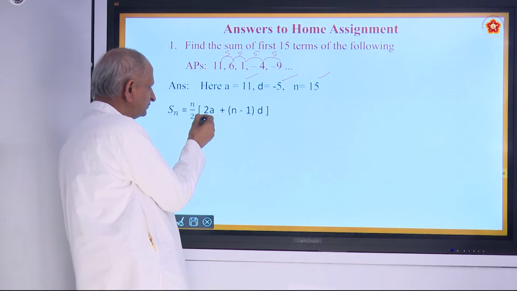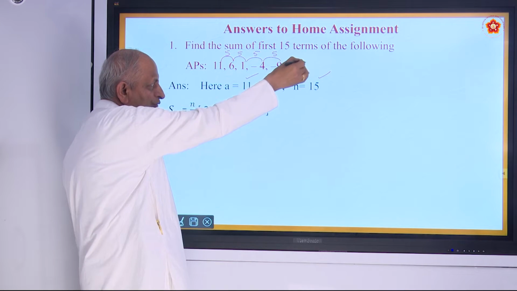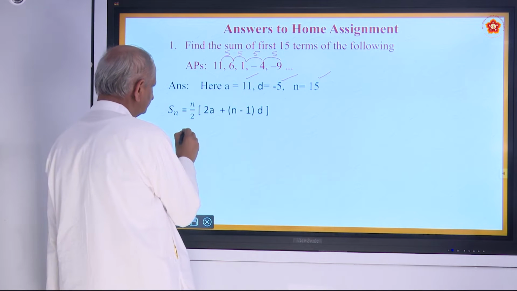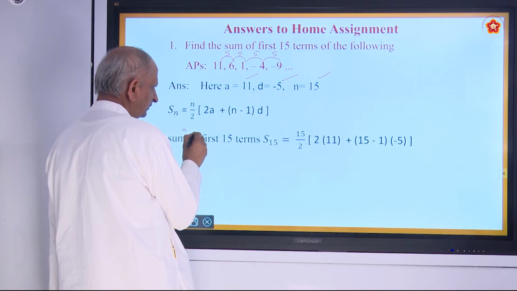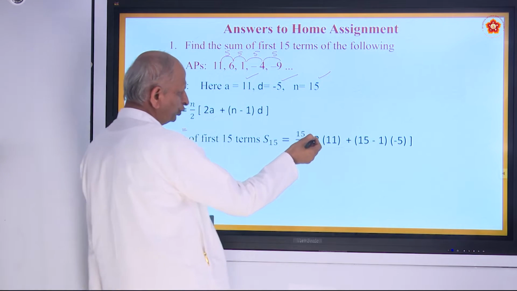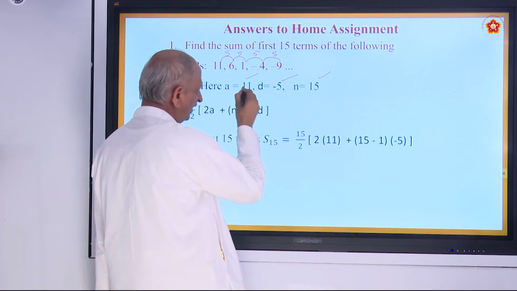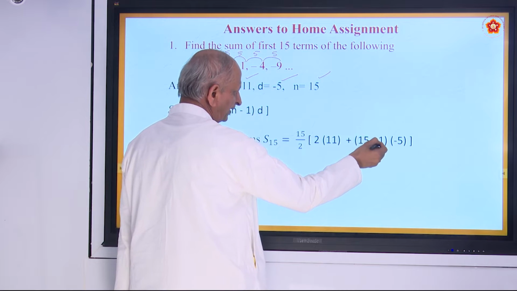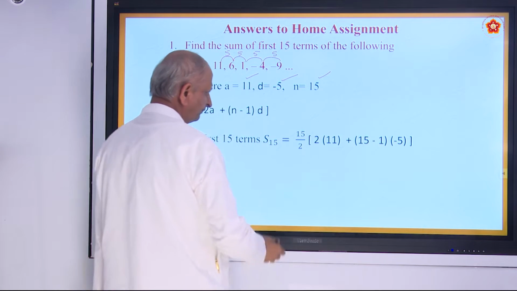Sn equals this formula, to use because the last term is not known. So use this formula. You can write it as, n is how much? 15 by 2, 2 into a is how much? 11, then n minus 1, 15 minus 1, into d, minus 5.